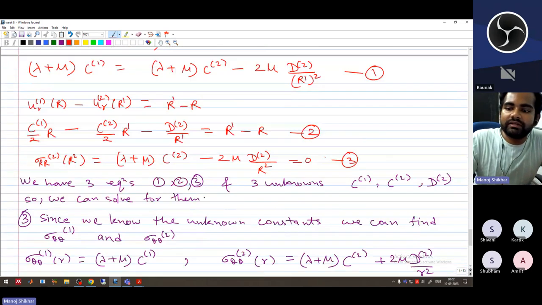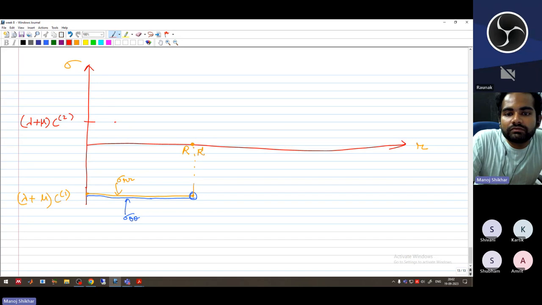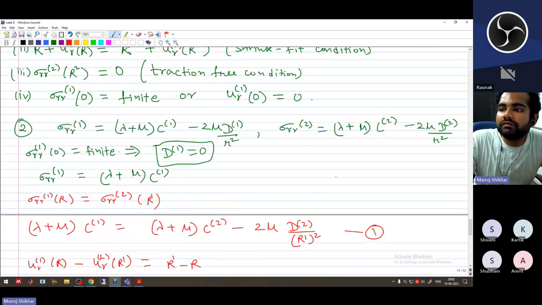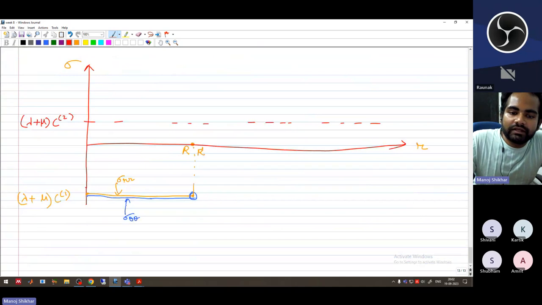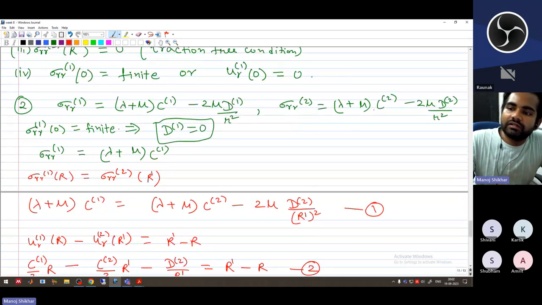So we have another limiting value here, lambda plus mu into C2. This curve of sigma RR will be asymptotic to this line at R equal to infinity, and if you put R equal to R1, after solving, you will get the value lambda plus mu into C1.